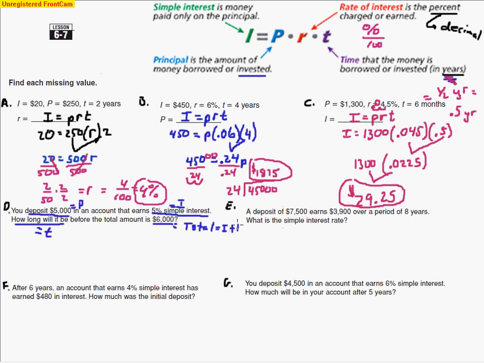Let's find out what the interest is. We know what the principal was, $5,000. The total was $6,000. So let's do interest equals, and then we're just going to subtract the amount of principal from the total. And so what that gives me is I equals 1,000.